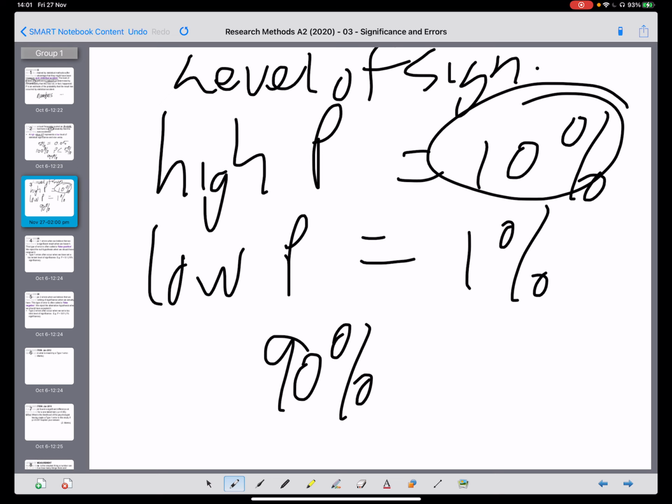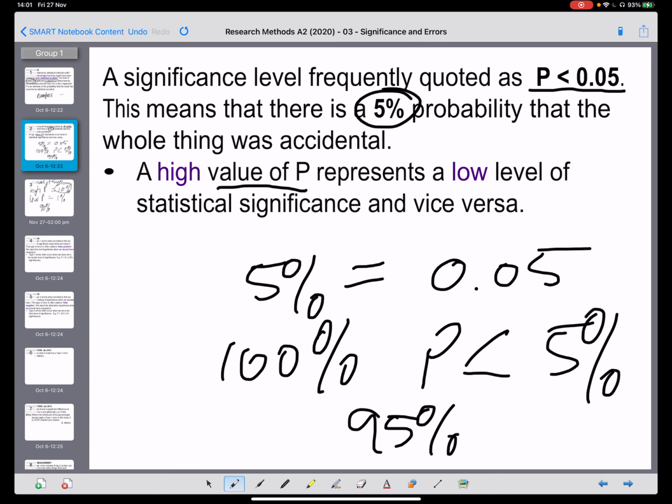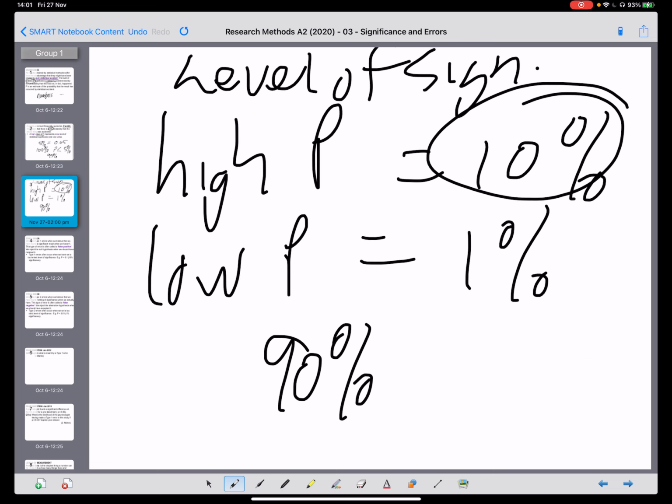I would state it like this: P is less than, I usually say less than or equal to, 0.05, saying that I believe the probability of my data being pure statistical accident is 5%. I also hope you can see that 5% roughly sits somewhere in the middle, and that's why for psychology we use 5%.